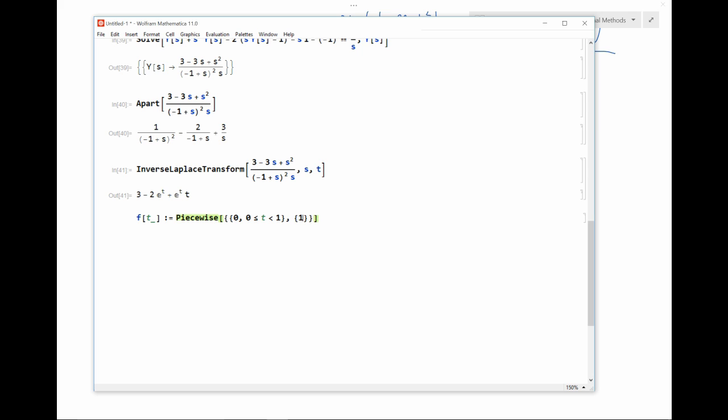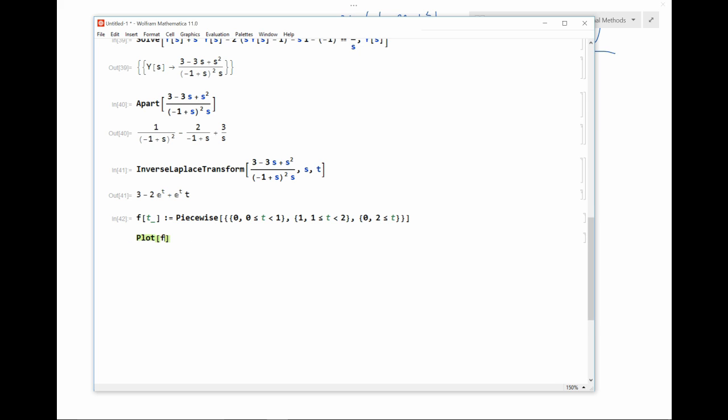The second one was value 1 for t between 1 and 2. And the last one was 0 again for t greater than 2. That defines the function f of t.